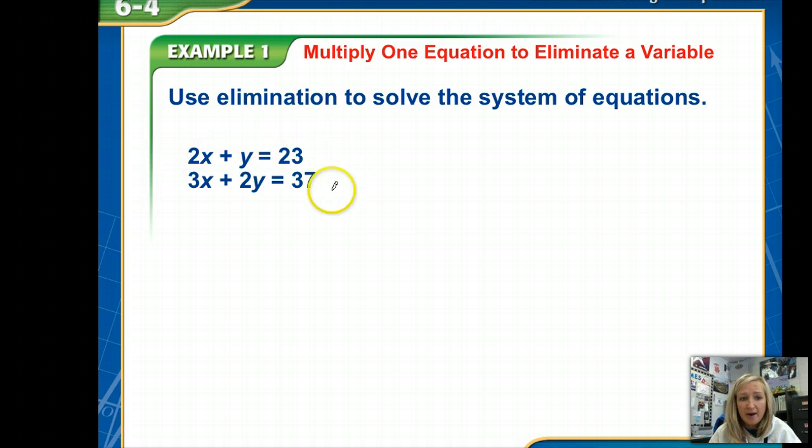So as I look at this equation and I see a y by itself, well, if I multiplied this whole top by 2, then I would have 2y, so I could easily eliminate. So when I multiply everything by 2, I get 4x plus 2y equals 46. And then the bottom equation, I don't need to change.